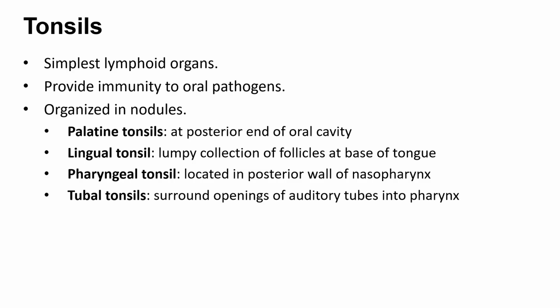There are 4 main types of tonsils in the body, each with its own specific location and role. We have palatine tonsils, and we have a pair of those, so we have 2, and they're located at the posterior end of the oral cavity. That's just a fancy way of saying the back of your mouth, okay?